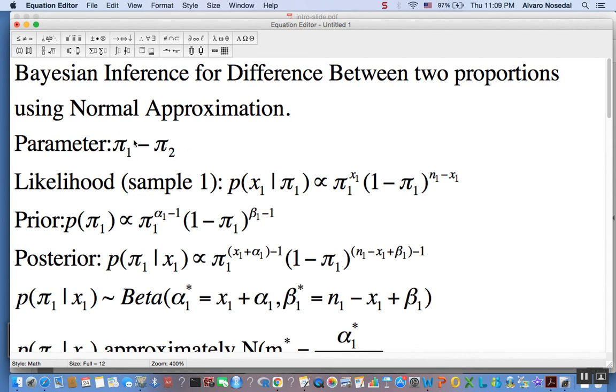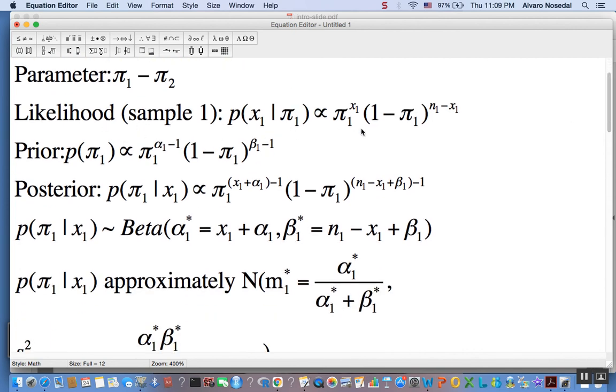So that difference was the quantity of interest. We had two independent samples, sample 1 and sample 2. We used them to construct our likelihood function, and we know that in the end we have a binomial. We used pi 1 for that probability of success and n1 for that sample size, and those two will be the parameters for our binomial for the first likelihood.